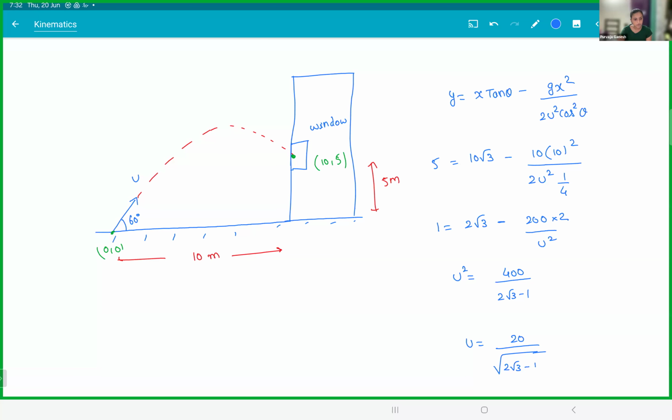Let's get them. Find range also. Find time of flight, range, and the speeds when they hit the ground.